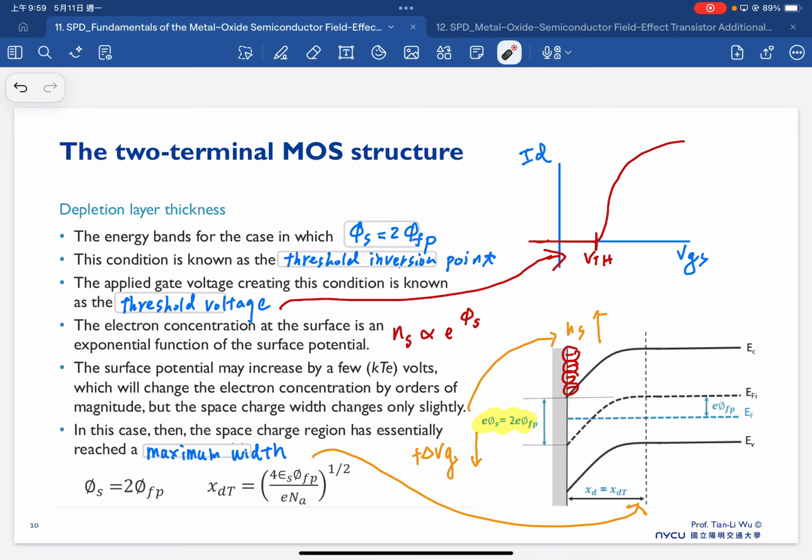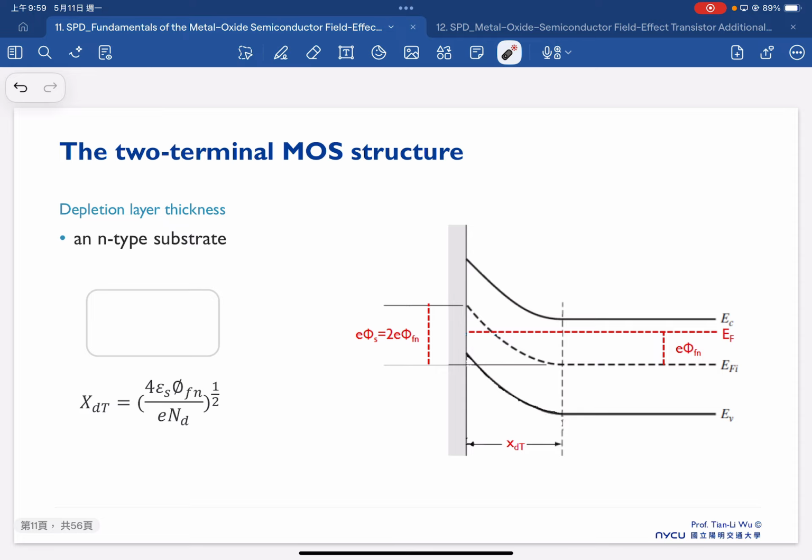For the same analysis, we can do it again on the N-type substrate. Again, we consider the N-type substrate, so we apply the negative bias here.